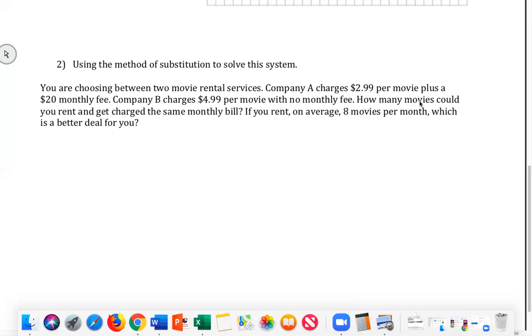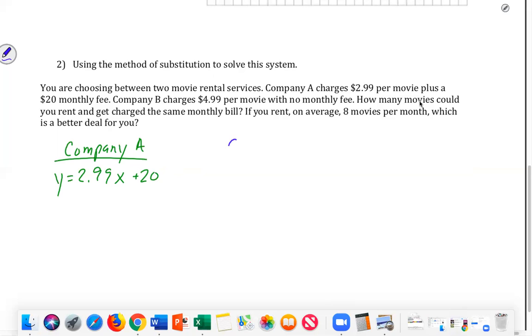So it says for the first one, company A. So I'm just going to write company A. Company A charges $2.99 per movie, so y equals $2.99 per movie. We're going to call that x plus a $20 monthly fee.